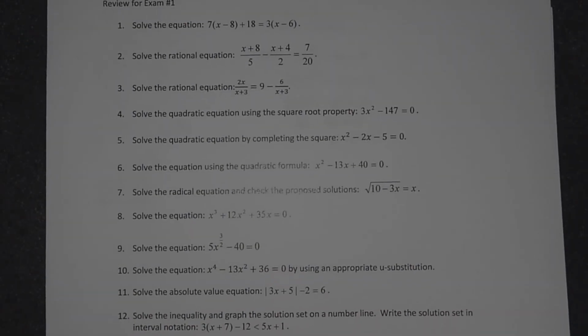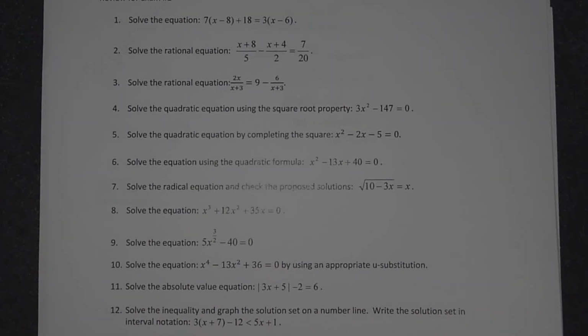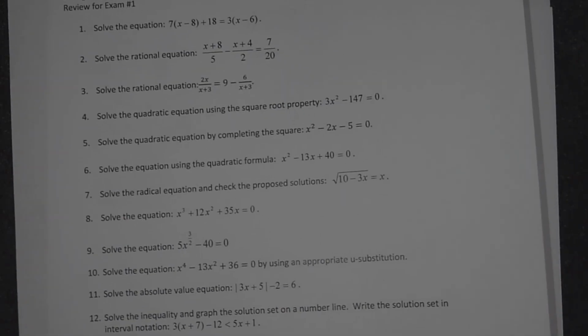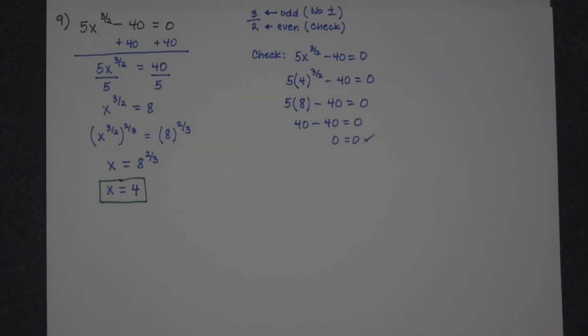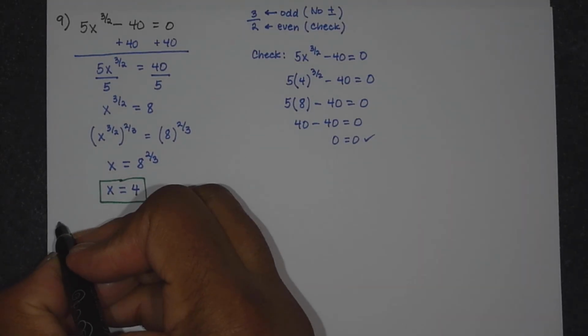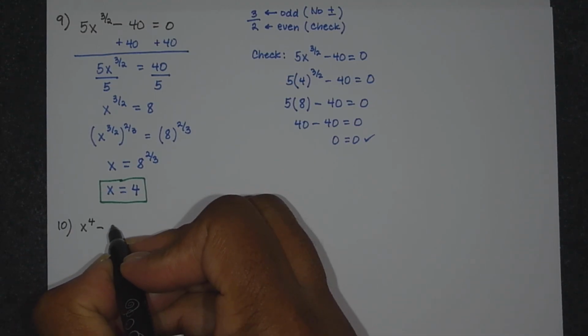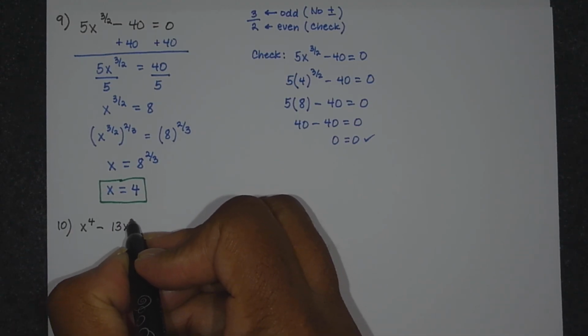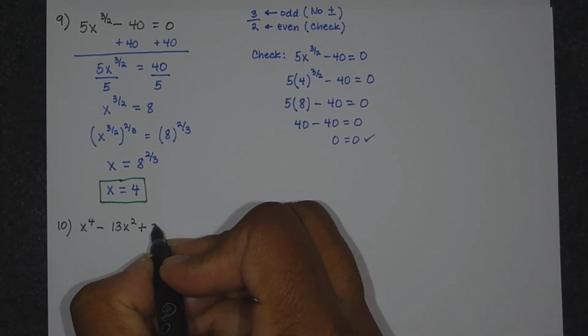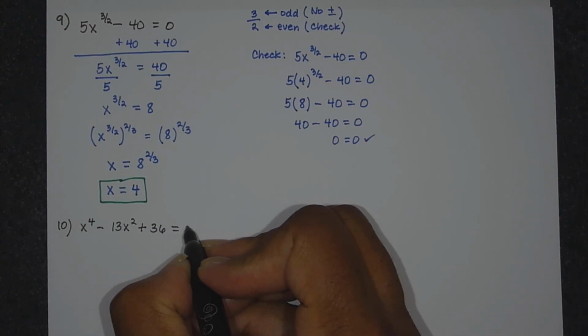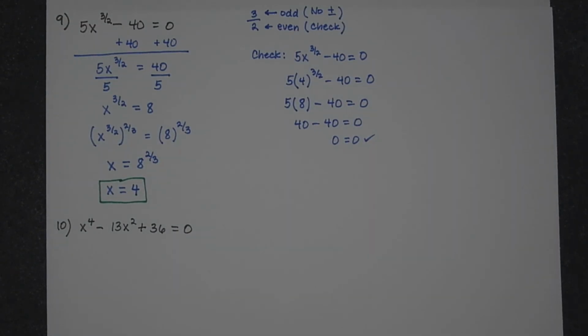Number 10 is using an appropriate u substitution to solve this equation. So here we got x to the 4th minus 13x squared plus 36 equal to 0.